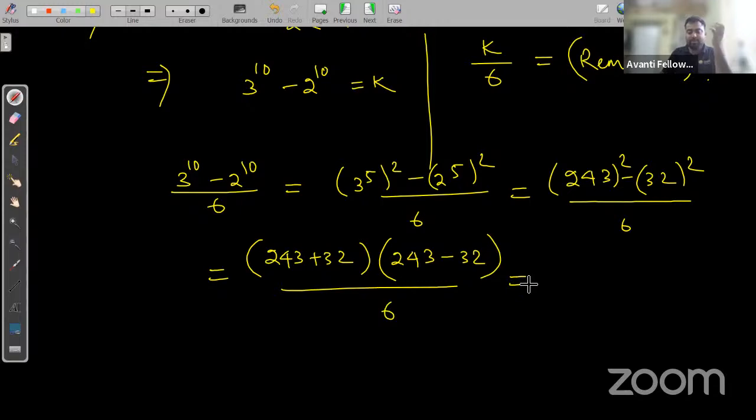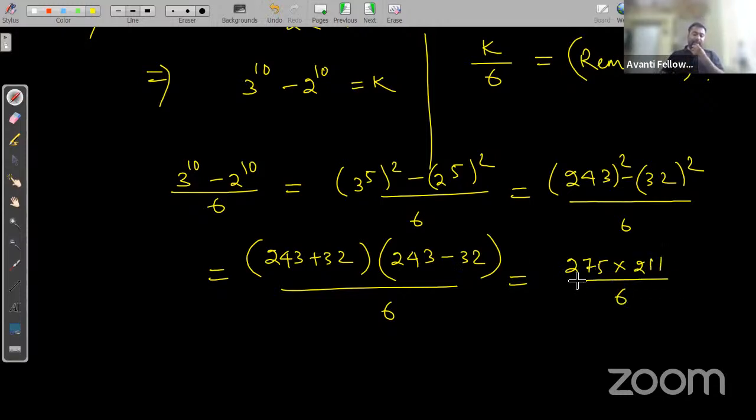So do the calculations easily. 243 plus 32 will be 275, into 243 minus 32, that is 211, upon 6.